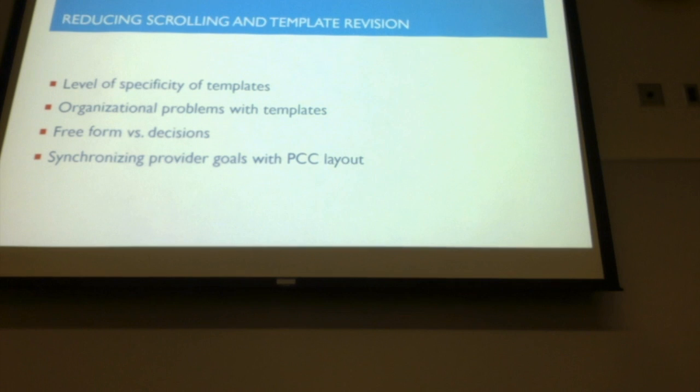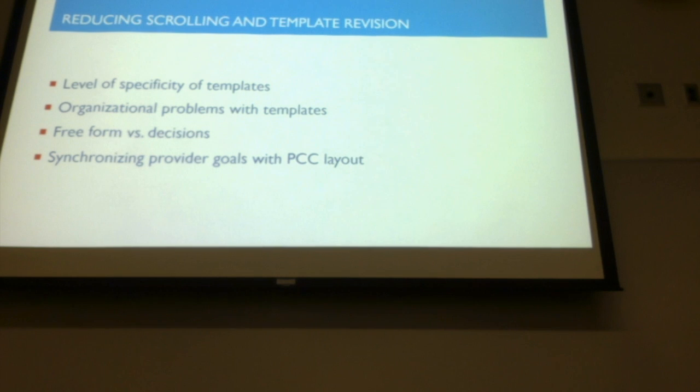There are some templates that are highly specific, and then there are those that aren't very specific at all, and that causes problems when providers have to enter a lot of information that is very common to that type of sickness or visit. So finding the balance between having something that's too specific and having something that's too free-form for providers is the end goal of template revision.